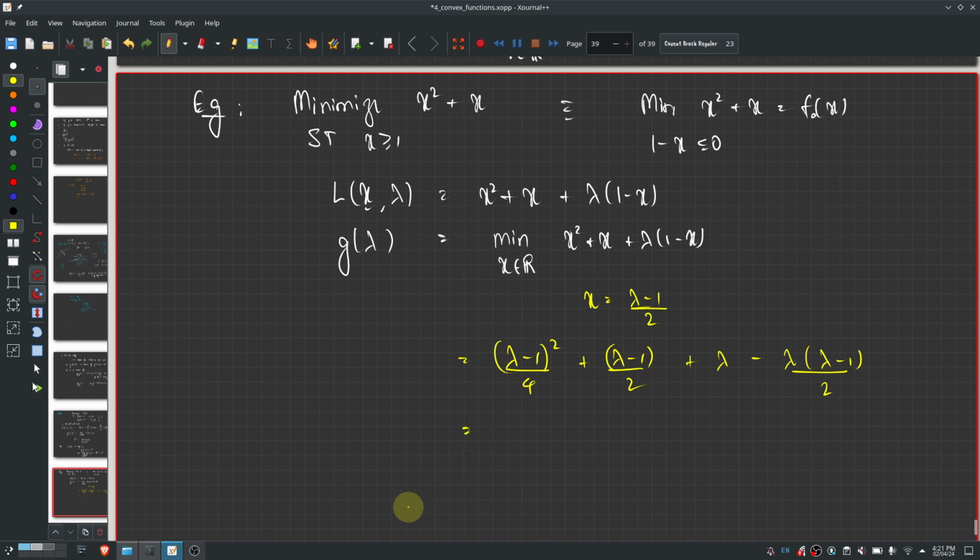What is this equal to? Minus lambda square plus 6 lambda plus 1 whole divided by 4.